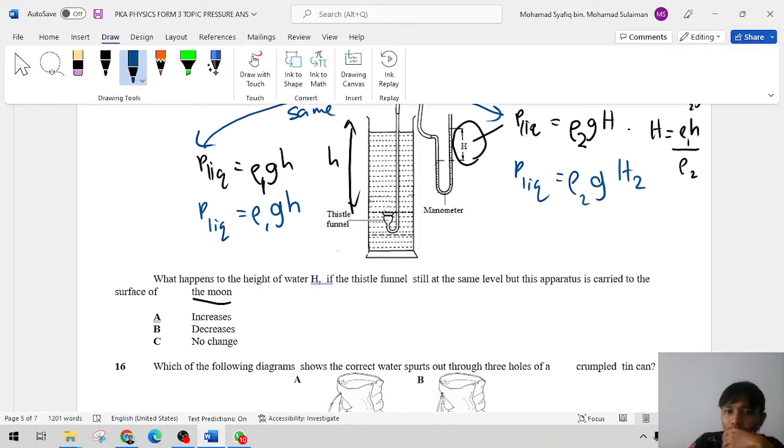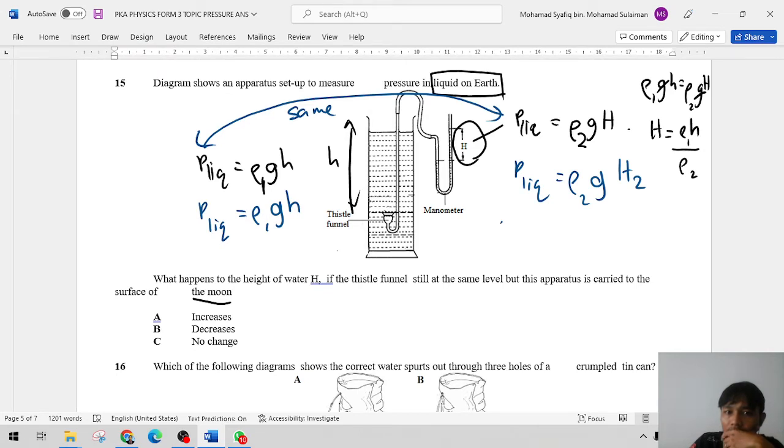And if we go to the moon, so we have rho 1 g moon and depth is equal to rho 2 g moon and the new h, big H, if there is any.